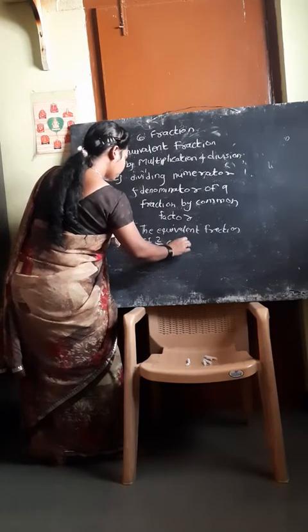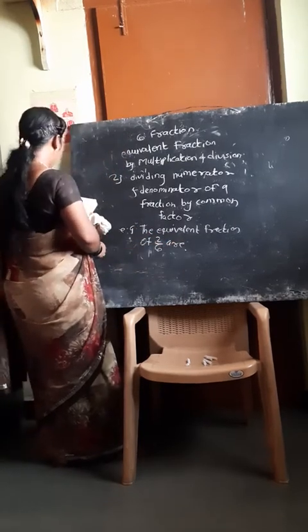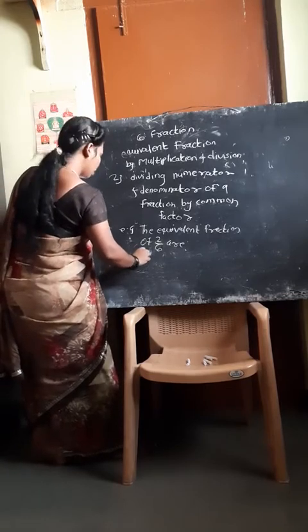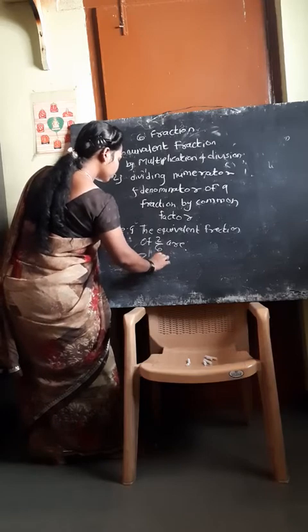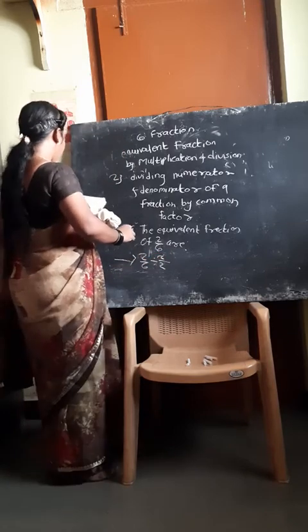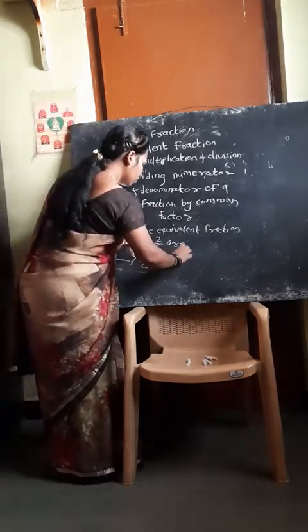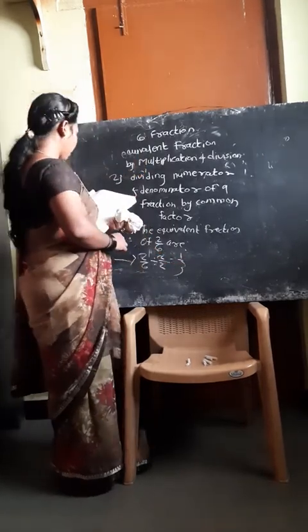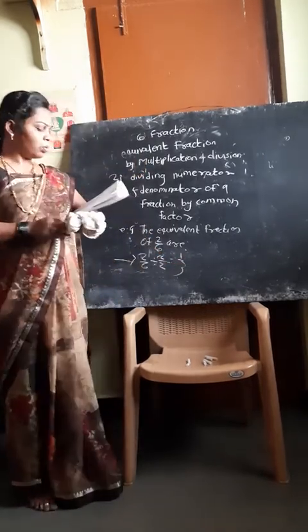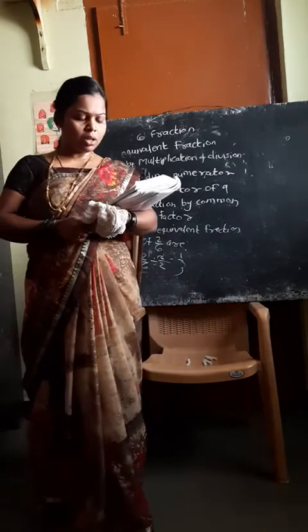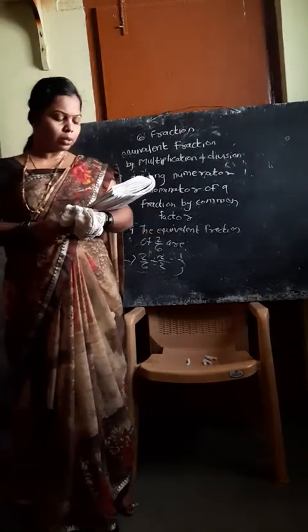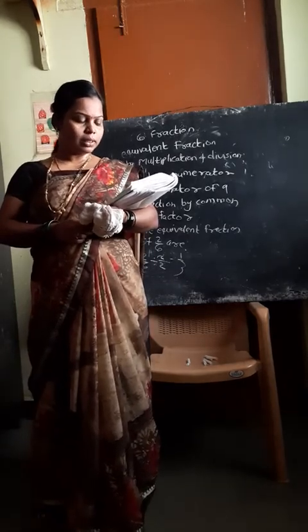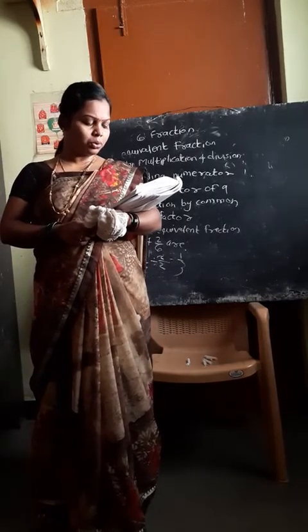Solution: 2 by 6 divided by the same number, that is 2 by 2, is equal to 1 by 3. Here similarly, we have to find the missing number. To get 6 in the numerator, we have to multiply 3 by 2. So we multiply 4 by 2.